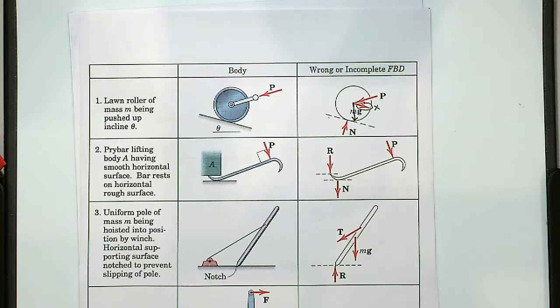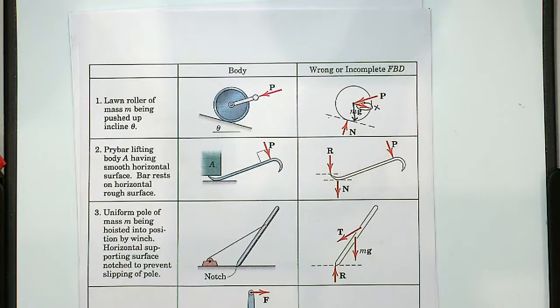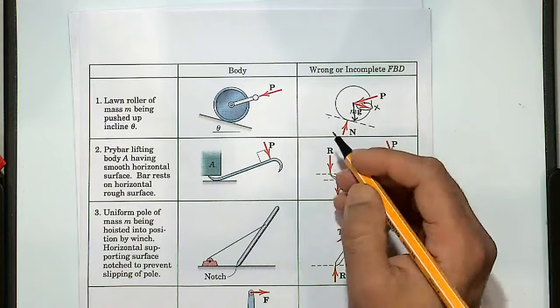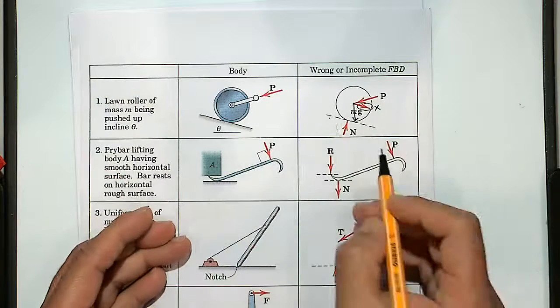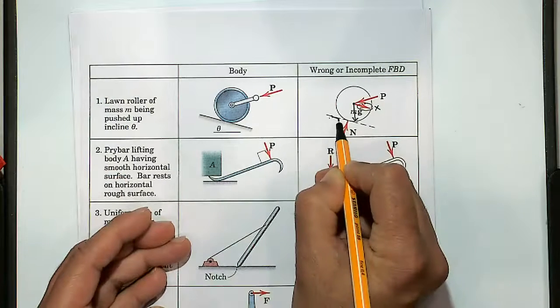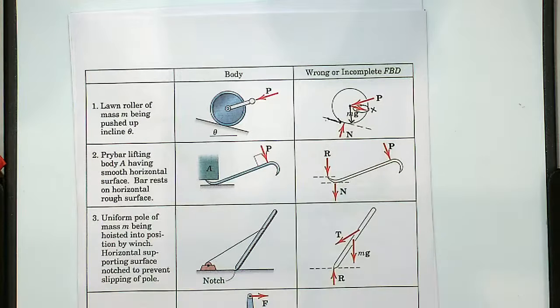Probably friction. So friction at the surface, which direction will it act? Opposite to the direction of movement. So if you are pushing it up, the friction would act in this direction. What about the load? Load is that mg that's coming down.